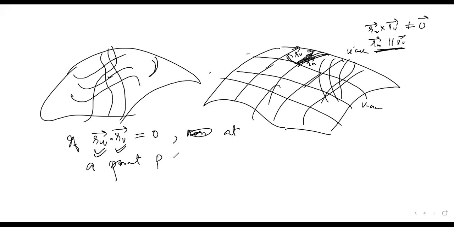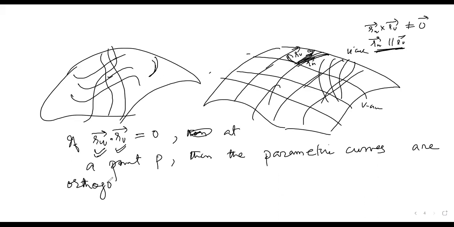Then the parametric curves are orthogonal. और कभी-कभी ये क्या होता है कि हर एक पॉइंट पे हमें we get orthogonal set of curves like in certain parameterizations, तो वो भी हम आगे डिस्कस करेंगे.